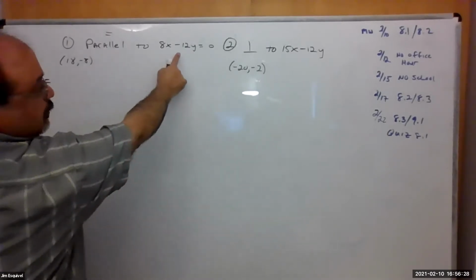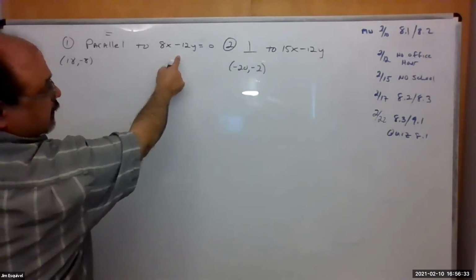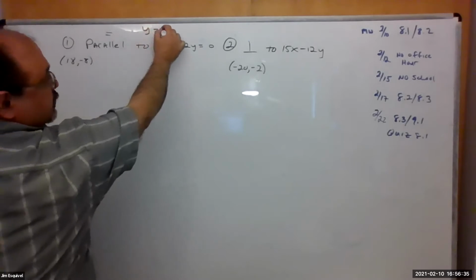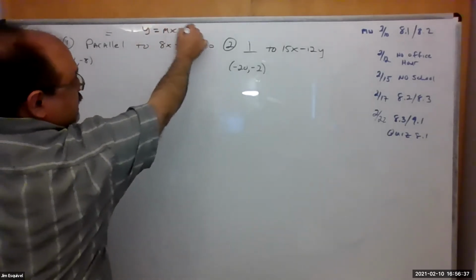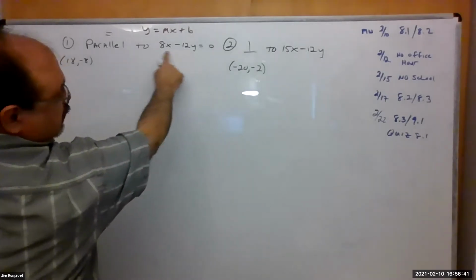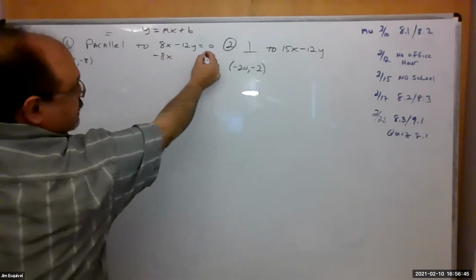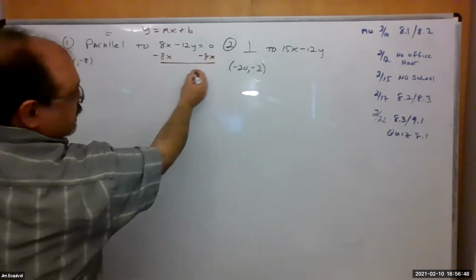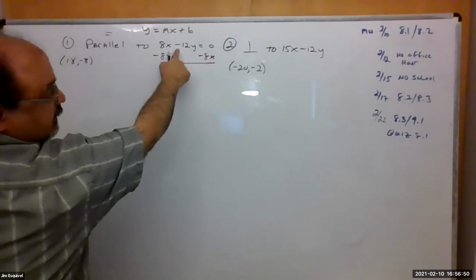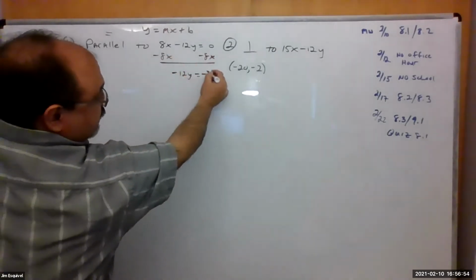Well, you need this slope over here. To get the slope of this line, you solve for y, put it in slope-intercept form, y equals mx plus b. So to solve this for y, you subtract 8x minus 8x. So that leaves, don't forget the negative, negative 12y equal to negative 8x.